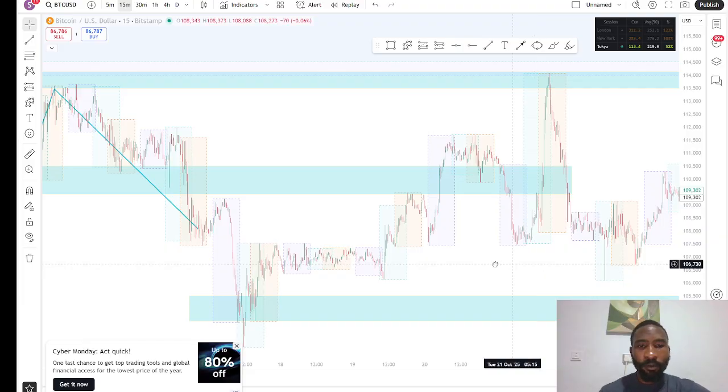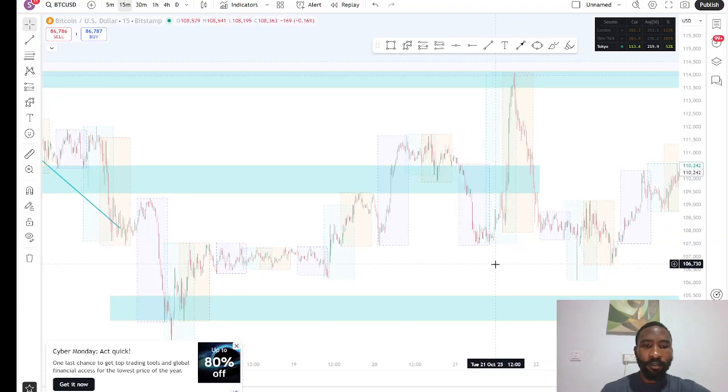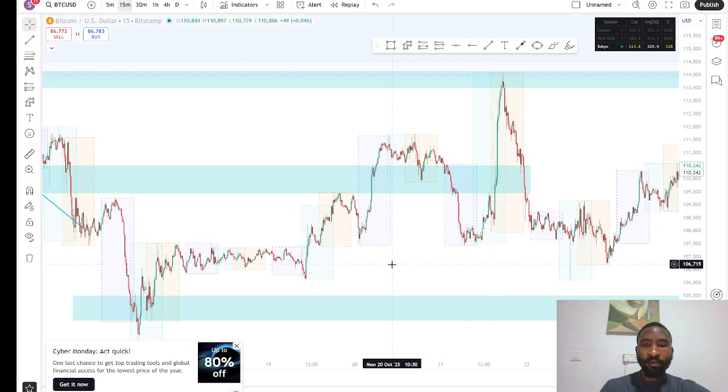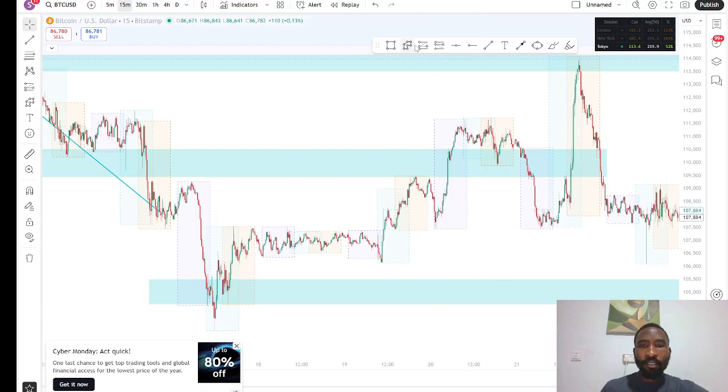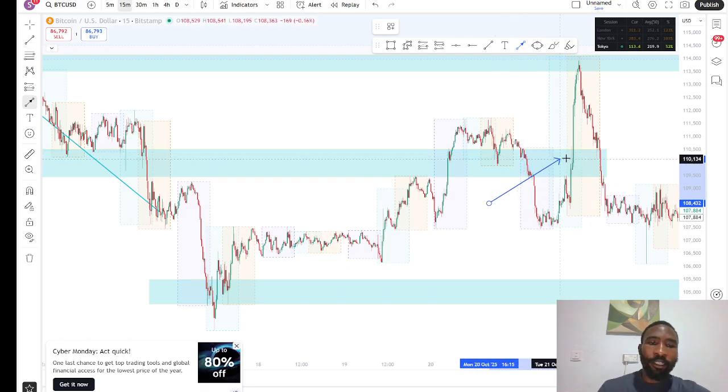Imagine you are sold in this area because of this one. Yes, even without having to give you confirmation. Even at that, you see, it gives you the confirmation by coming for a retest, right? You can sell in this area.